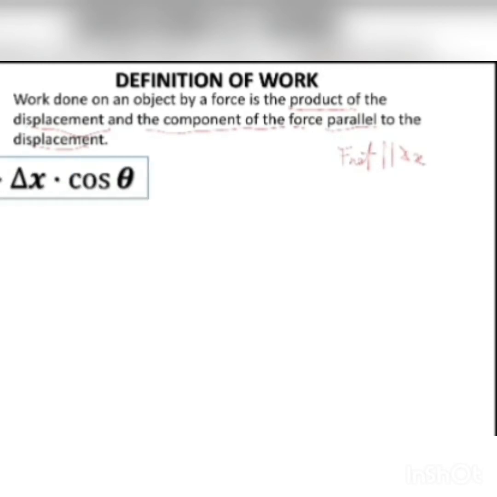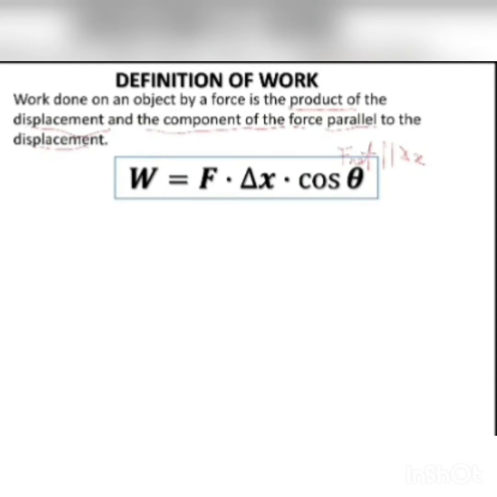So let's look into work in a mathematical sense. Mathematically, work is given as follows: W, capital W, is equal to F multiplied by delta x multiplied by cosine theta, where W is the work done on an object and it is measured in joules.